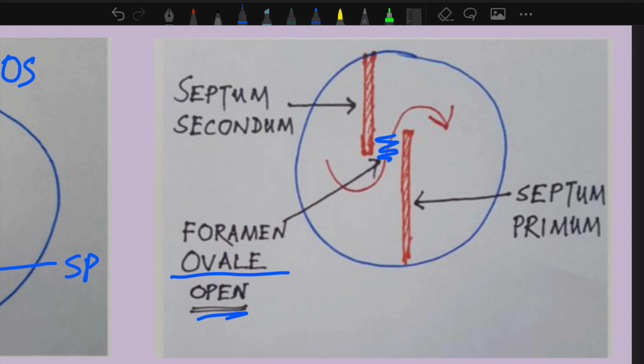You have to know the septum primum and the septum secundum. This part is the ostium secundum, and between them we get the foramen ovale, from where the blood goes from the right atrium to the left atrium.